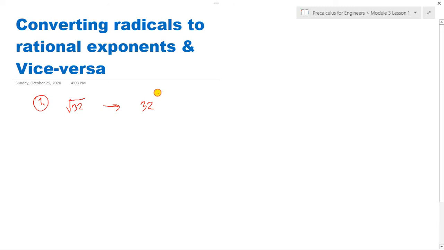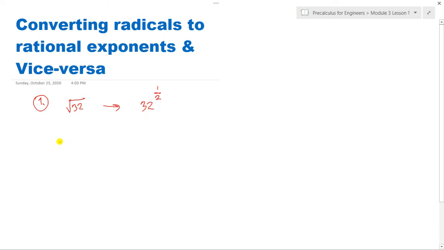So, sulat mo fraction. Bar, horizontal bar. Then, ano yung exponent natin sa 32? Wala. 1 lang. So, therefore, that would be our numerator. So, lagay mo 1. How about our index here? So, automatic square root is 2. Sulat mo 2. So, therefore, yung conversion pala ng square root of 32 is just equal to 32 raised to 1/2 into a rational exponent.